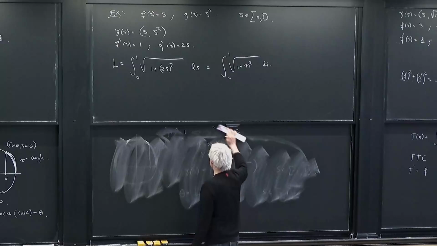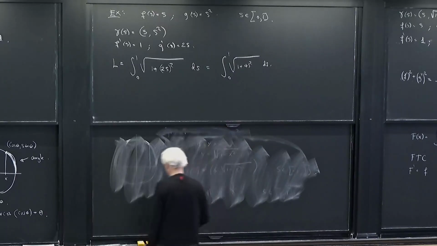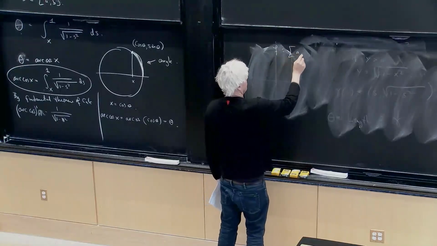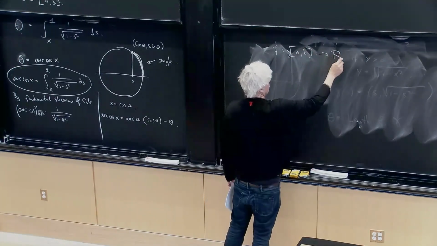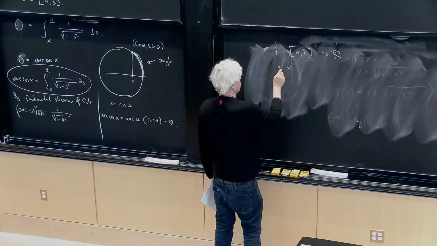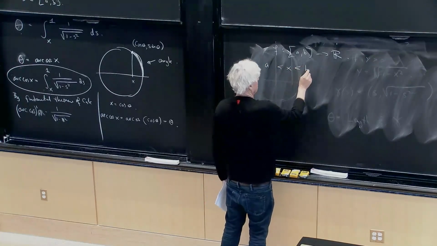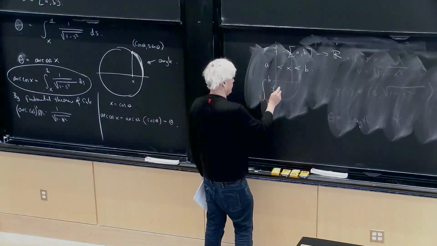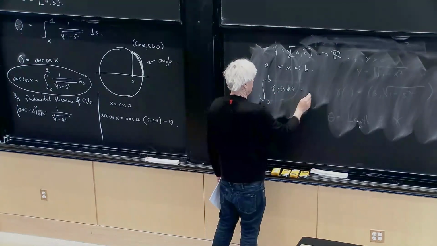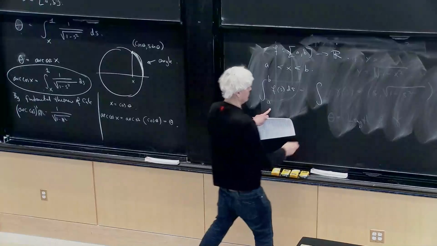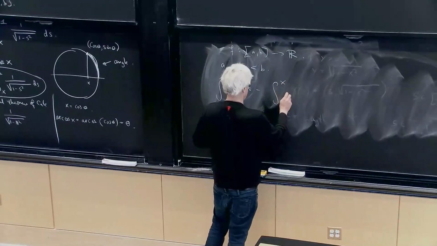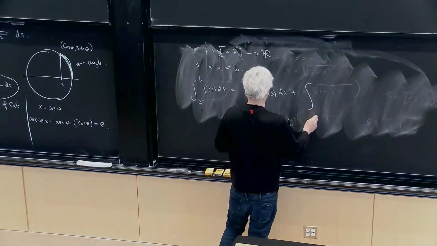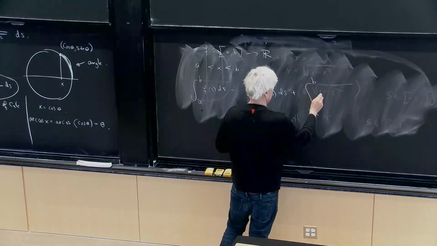I'm just making the trivial observation that if we have a function from a to b into R, and we have some x that lies between a and b, then we proved that the integral from a to b of f is equal to the integral from a to x plus the integral from x to b.